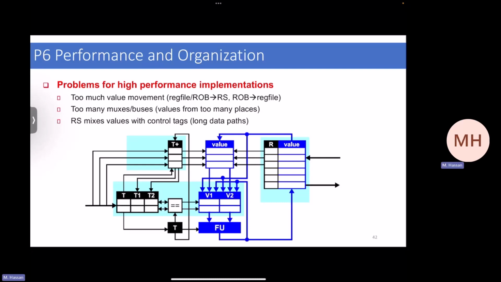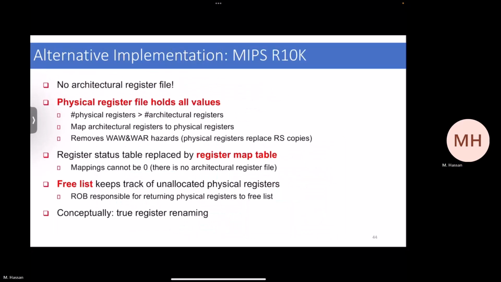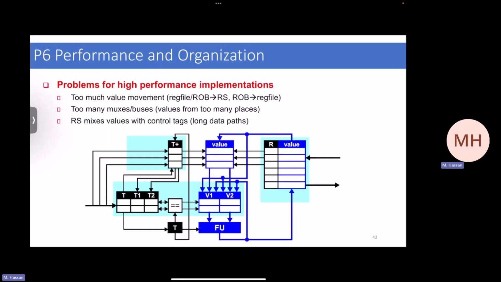But if I'm paying the area cost anyway to replicate my registers, why don't I create a very big register file? So instead of having these 2 values here, why don't I merge them with the register file, and then this gives me 2 additional registers. And every single one that is in the reservation stations, if I append them to the register file, I can simply rename within the register file, right?